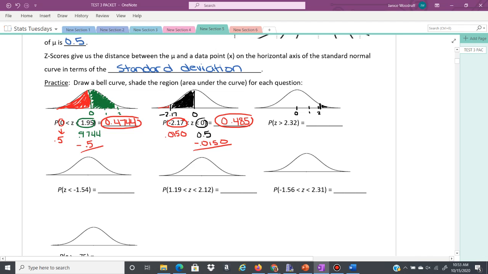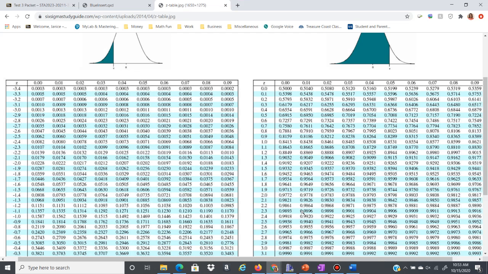It's not letting me color today. There. All right, so we're looking for that little area there. Let's look up this value on our chart. Okay, so 2.32, 2.3, and then 0.02 right here, 0.9898.